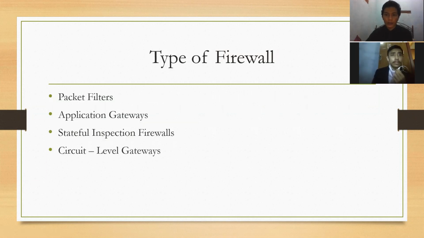Next is types of firewall. There are four types of firewall. First one is packet filters. It applies a set of rules on each packet and, based on the outcome, decides to either forward or discard the packet. Next one is application gateways.